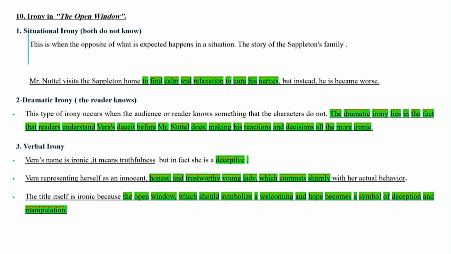Here both the reader and the character do not know what is going to happen inside the literary work. For example, in the short story, both we as readers and Framton believe that what Vera said about the tragedy of the Sappleton family was real, but in fact it was not. We realize that at the end of the story.